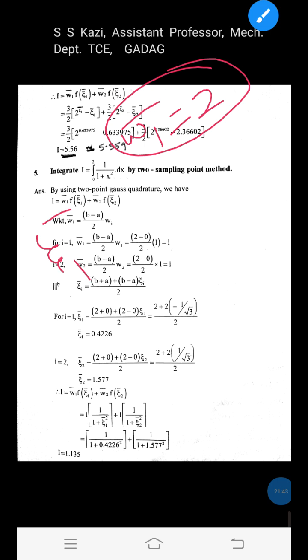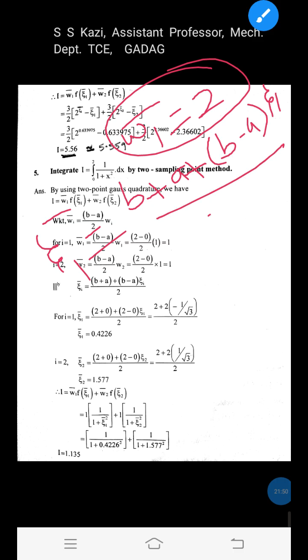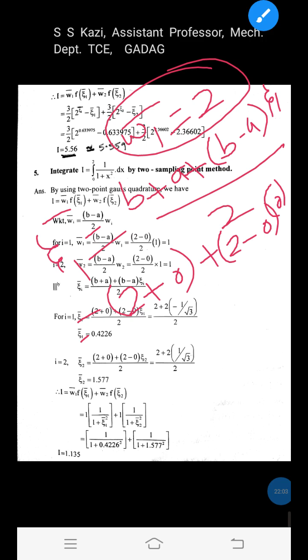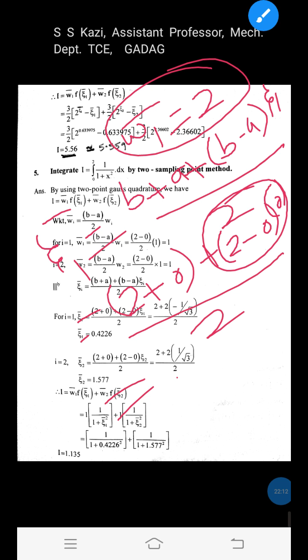Next, what is zeta 1 bar? That is b plus a plus b minus a into zeta 1, divided by 2. Substitute b is equal to 2, a is equal to 0, and zeta 1 is equal to 0 for the 1-point method, divided by 2. If you calculate, the whole product term becomes 0, and 2 divided by 2 gives zeta 1 bar as 1.